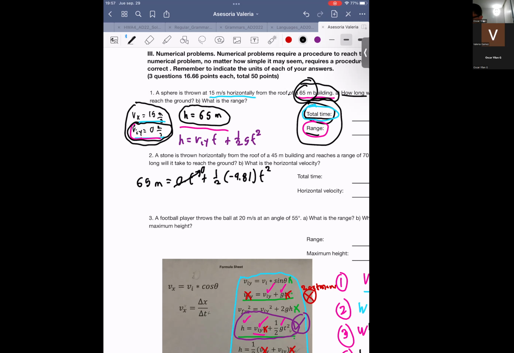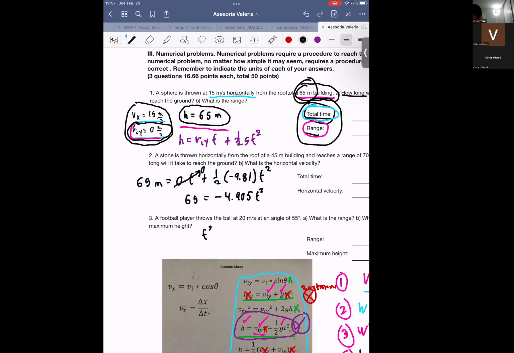Yes. So in here, we are just going to do algebra. The 65 equal to 1/2 of minus 9.81, if you do it in your calculator, is 4.905 t squared, right? Yes. Now we just have to do algebra.